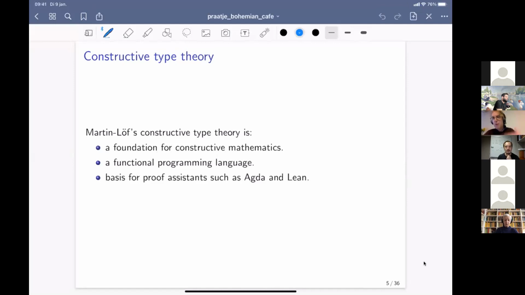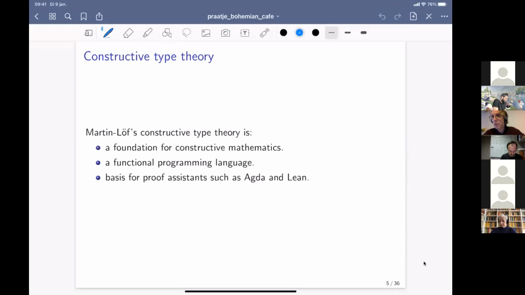At the same time, he also points out that you could think of this as a functional programming language. The reason is that a constructive proof is in a way like an algorithm. Everything is done inside this type theory, which has a computational interpretation as well, and that can be exploited as a functional programming language, in the style of Haskell.